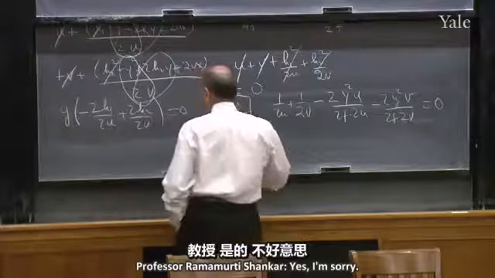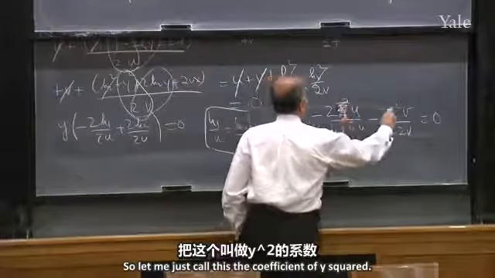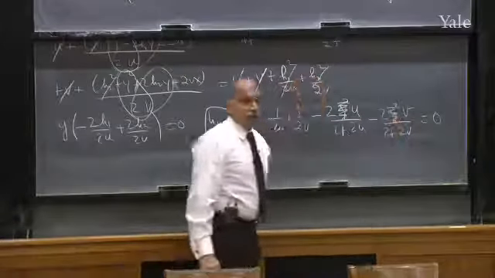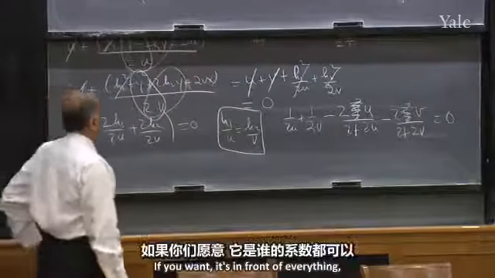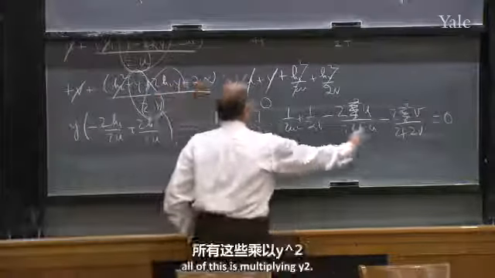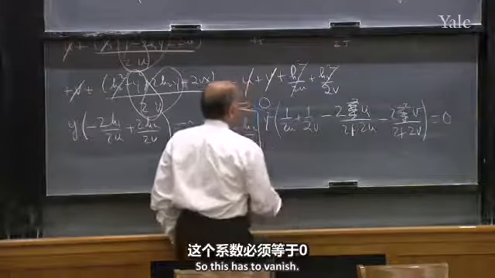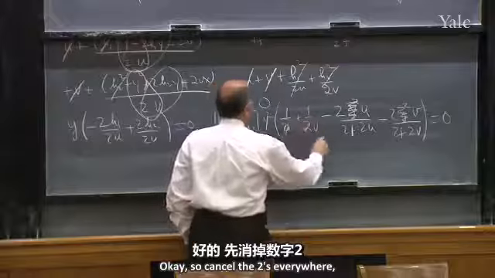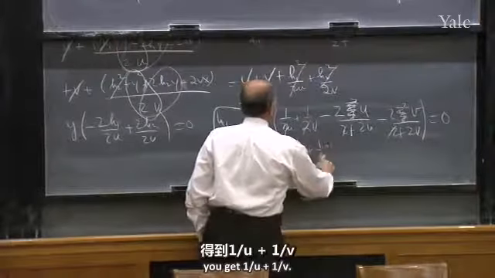Yes, I'm sorry. I'm not being consistent. Let me just call this the coefficient of y squared. You agree? It's in front of everything, all of this multiplying y squared. So this has to vanish. Okay, so cancel the 2's everywhere. You get 1 over u plus 1 over v.